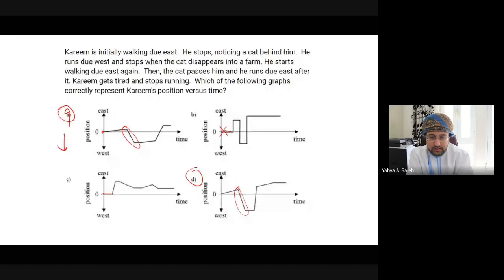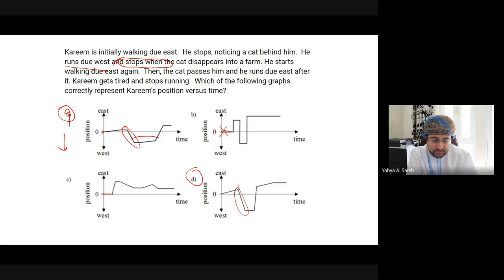This is important. He runs due west and stops when the cat disappears. Here, look, this is still going up, slightly up. Here he properly stops, which means that D is the correct answer. Because he runs again, and this is a very, very large distance change in a very, very short amount of time.